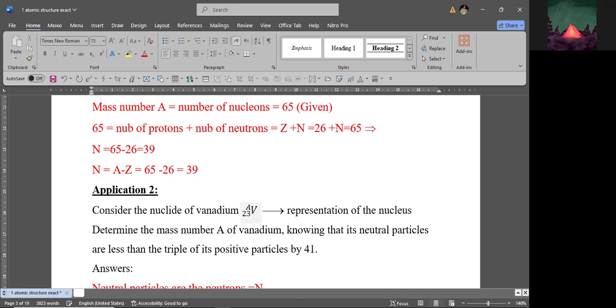At the same time, it is the representation of the atom. Later on, we will speak about this representation as the representation of the atom. The question is: determine the mass number A of vanadium. You have to calculate A.